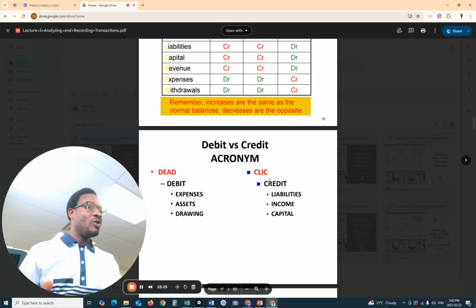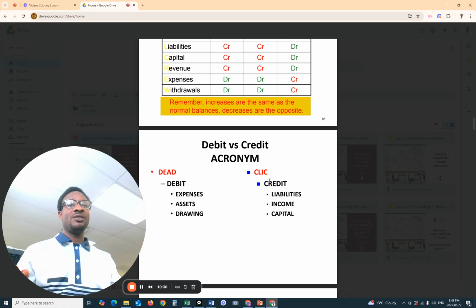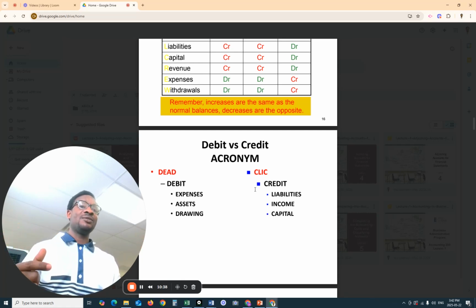Now, the last one, or the third one to help us as an acronym, is DEALER. DEALER is another acronym that helps with chart of account, the sides of accounts.